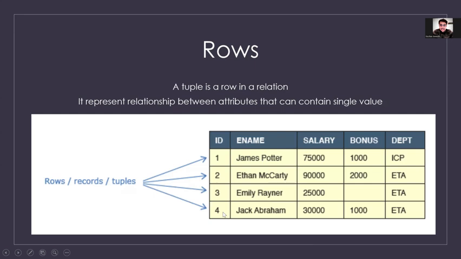If I consider the fourth relational instance, it has five attributes: ID, ename, salary, bonus, and department, and the instance has five values mapped to those attributes. 4 is mapped with ID, Jack Abraham with the ename attribute, 30,000 with the salary attribute, 1,000 with the bonus attribute, and ETA with the department attribute. This is how rows are represented in a table. Rows are there in the relational table.